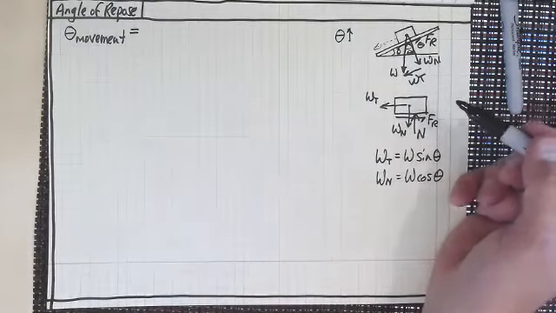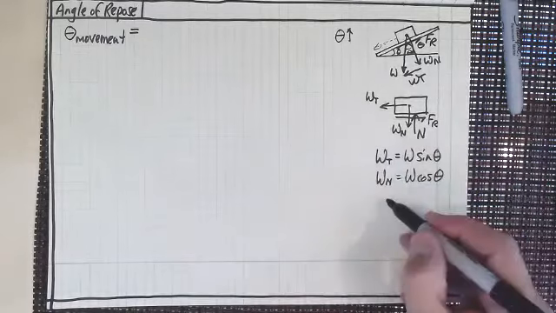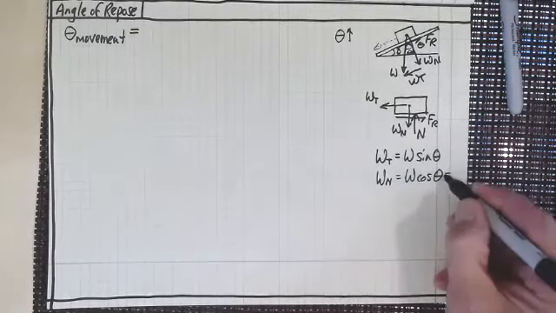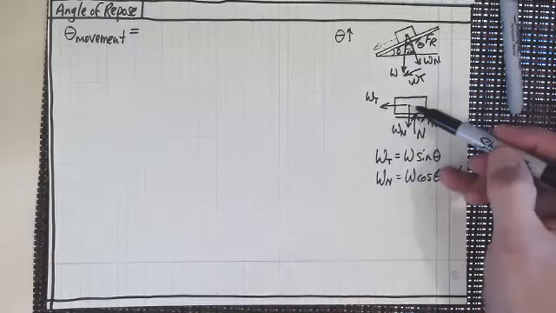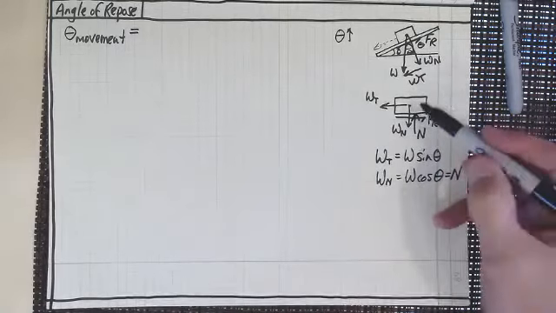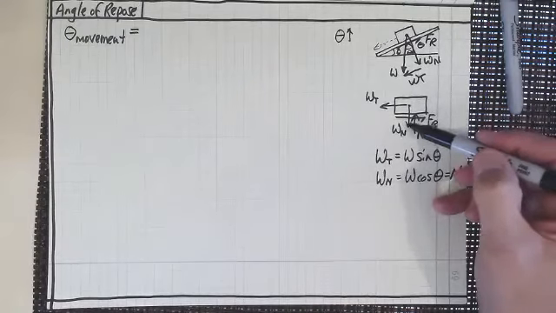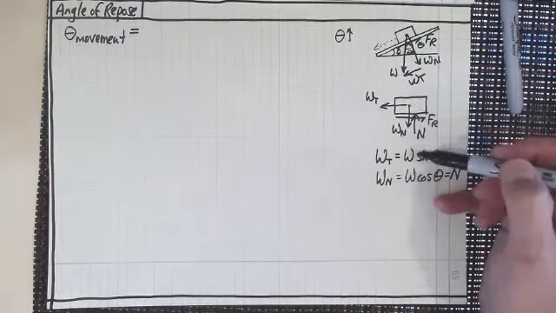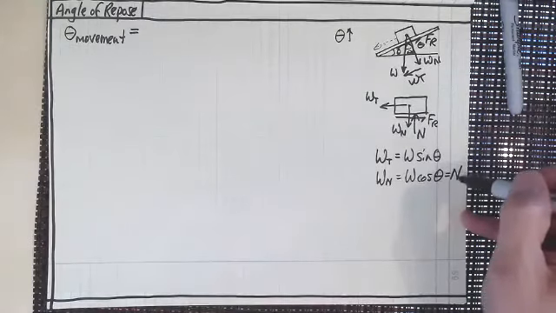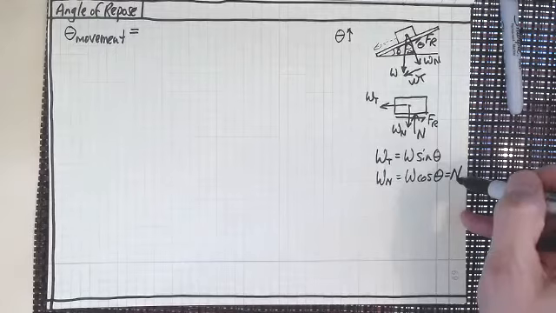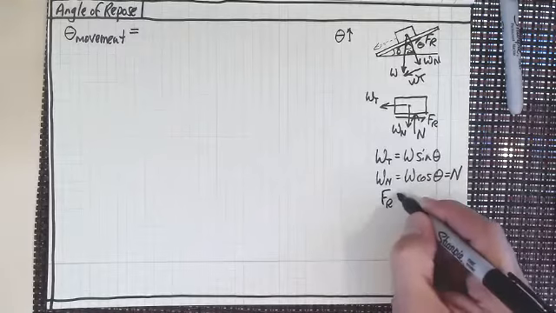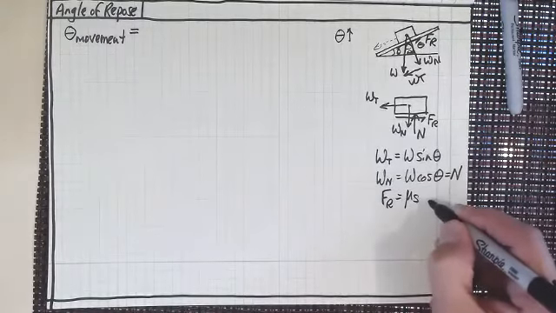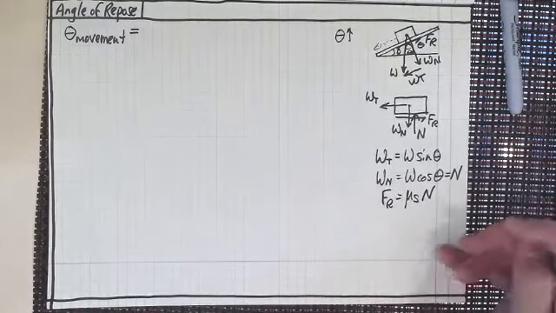We also know that this equals N, doesn't it? Because if we have a summation of forces in the y direction, there's only two, W sub n and N. So we know that equals N. And we know that F sub r equals mu sub s times N.